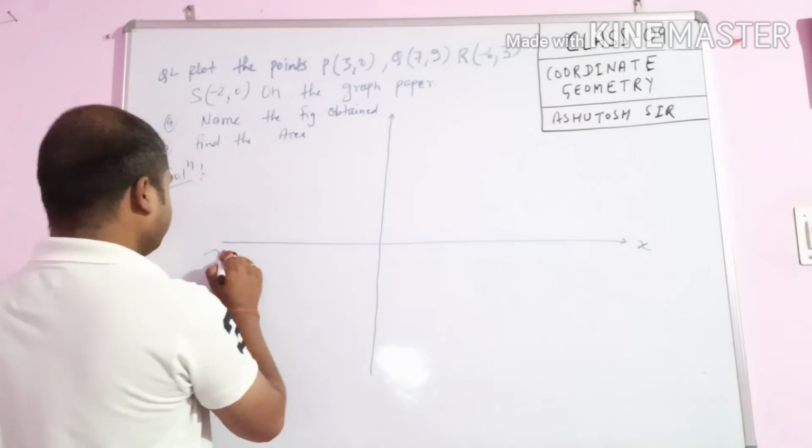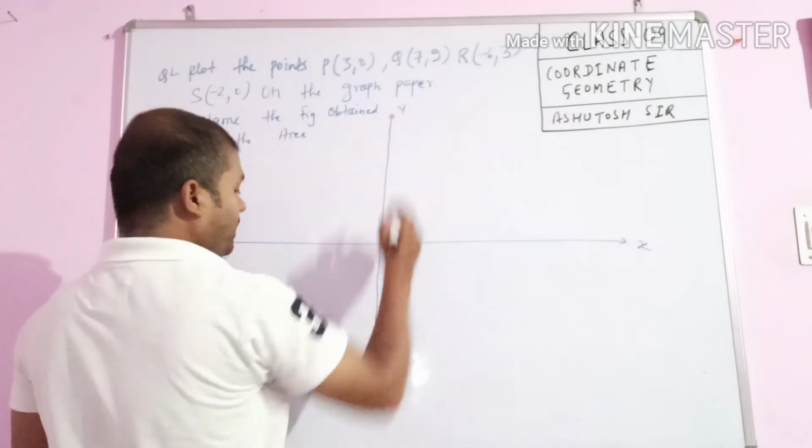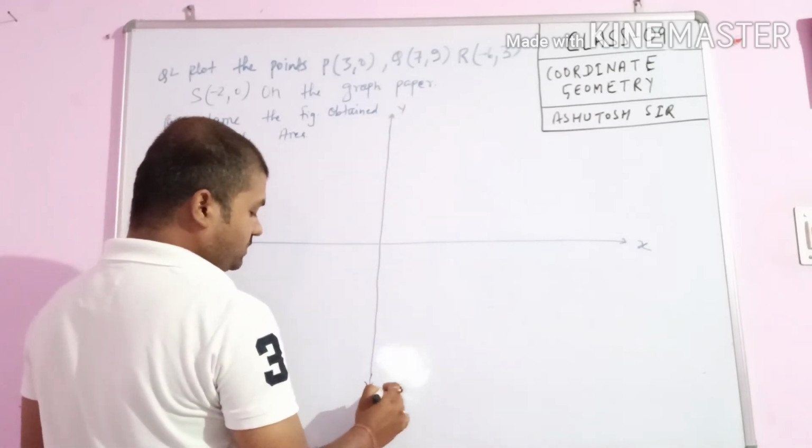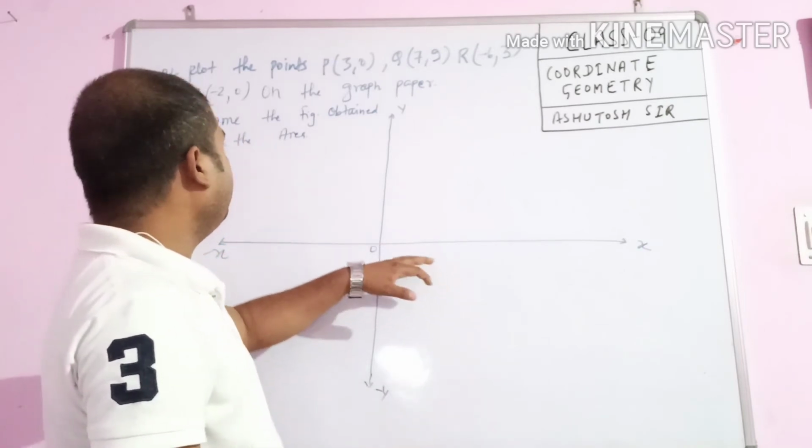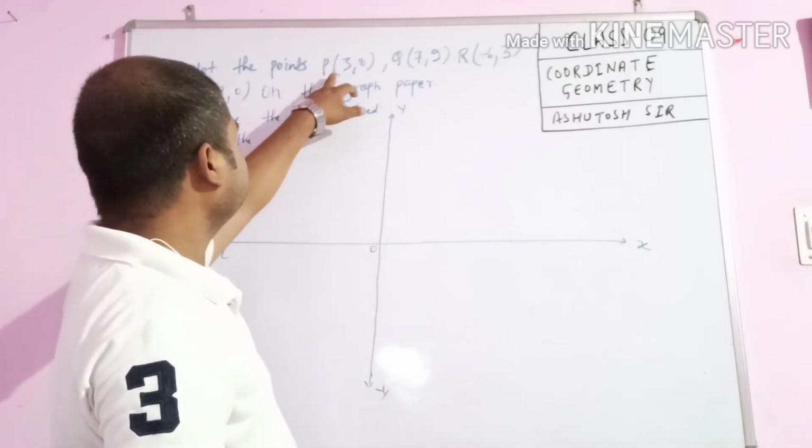First of all, we draw a graph: the x-axis, the negative x-axis, the y-axis, the negative y-axis, and the origin. And then we put the points on the axes.